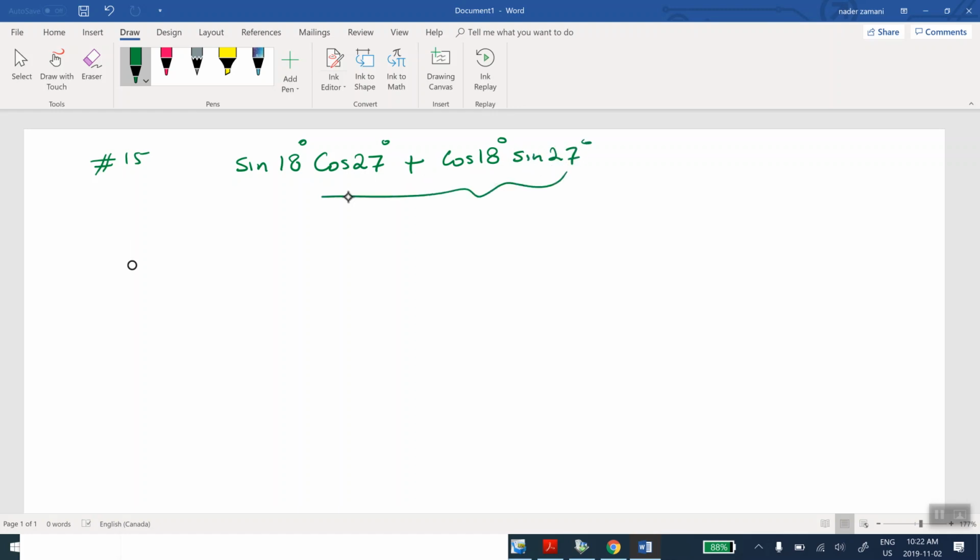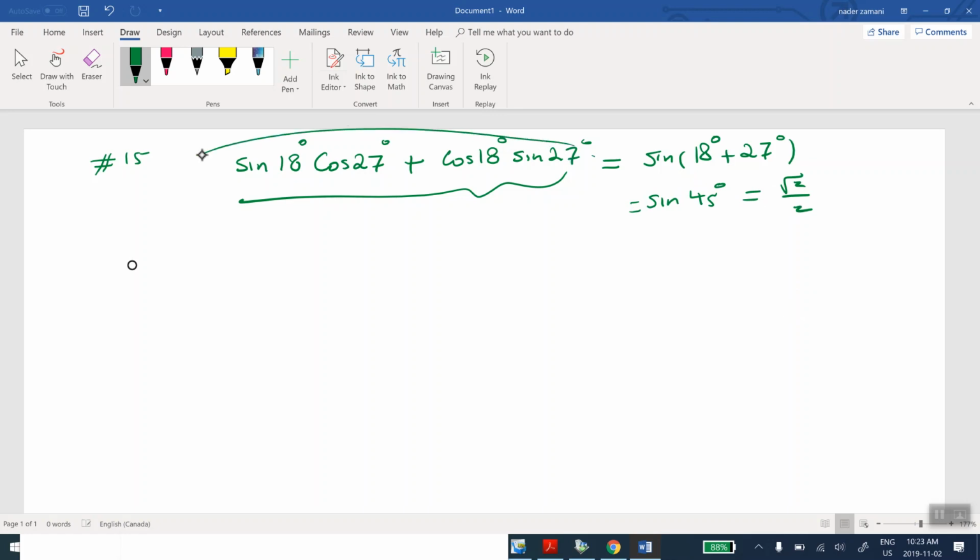You should recognize that this is the same as sine of 18 degrees plus 27, which is sine of 45. So the answer is root 2 over 2. If you put this in your calculator, you should get approximately root 2 over 2, of course.